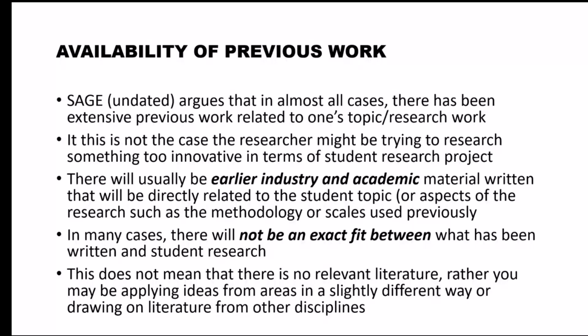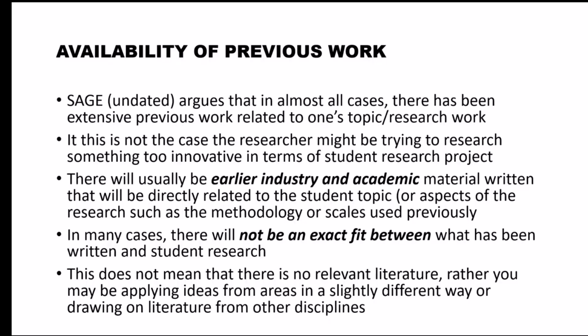If this is not the case, the researcher might be trying to research something too innovative in terms of a student research project. There will usually be earlier industry and academic material written that will be directly related to the student topic or aspects of the research, such as the methodology or scales used previously.